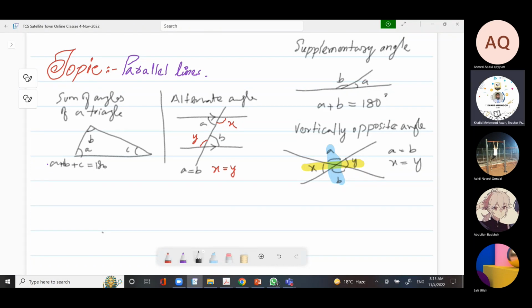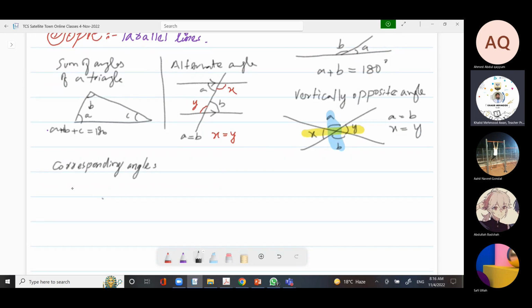Similarly, there is the corresponding angle, the last one which we did yesterday. Corresponding angle says that whenever we have two parallel lines represented by the same arrow and one transversal is crossing them, some of the angles are marked.